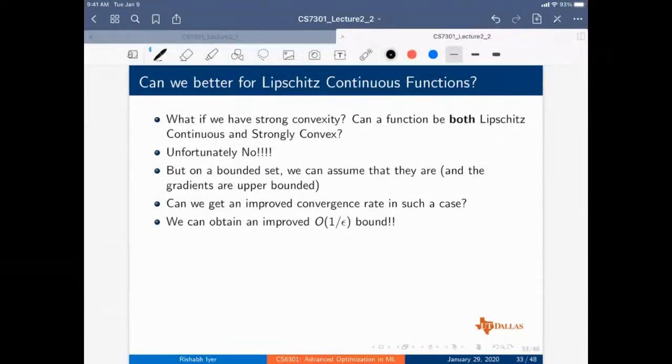So in this case, we can get an improved order 1 over epsilon bound from 1 over epsilon square. So we saw that for just Lipschitz continuous, we had very slow convergence, which is 1 over epsilon square, right? But if you add a regularizer, so this is again the benefit of regularization. In machine learning, we only talk about the benefit of regularization from a generalization perspective, right?